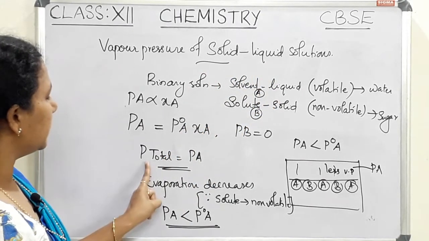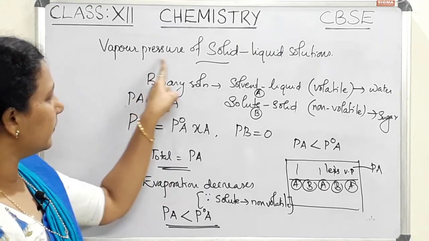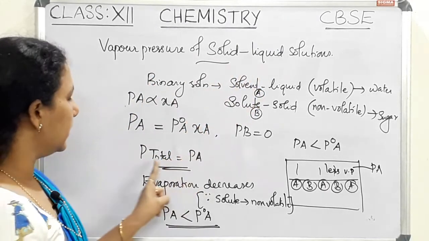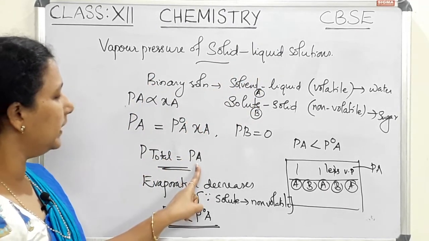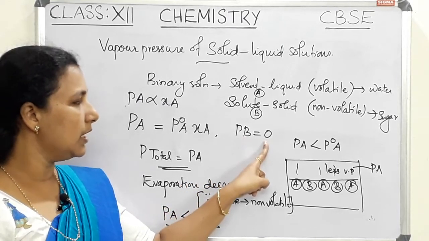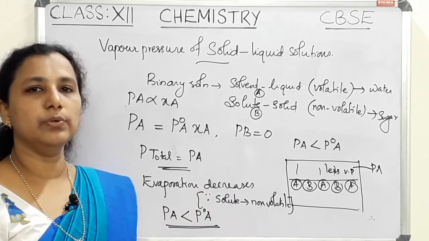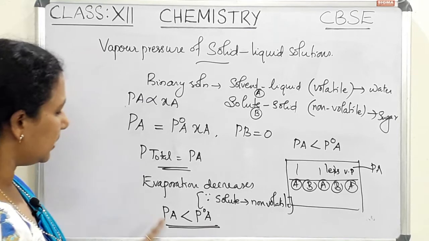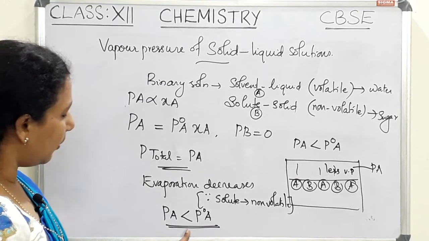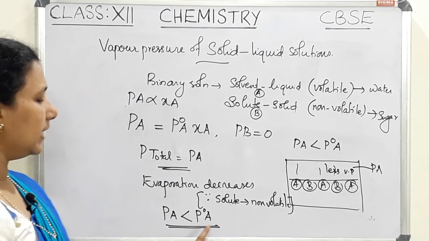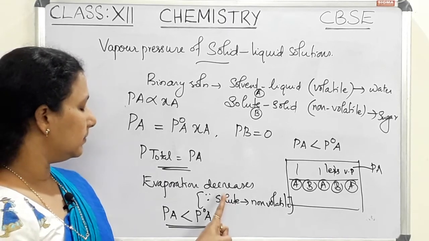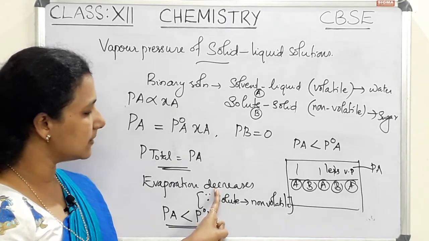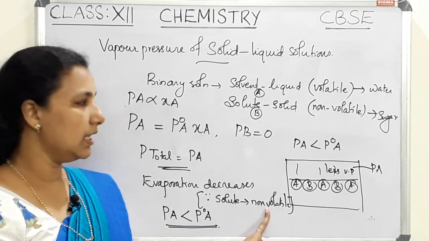This is the P total, the vapor pressure of the solid liquid solution. P total is equal to PA only, since PB is equal to 0, because the solute is non-volatile in nature. And another point is that PA is always less than P0A, because evaporation decreases because of the non-volatile solute.